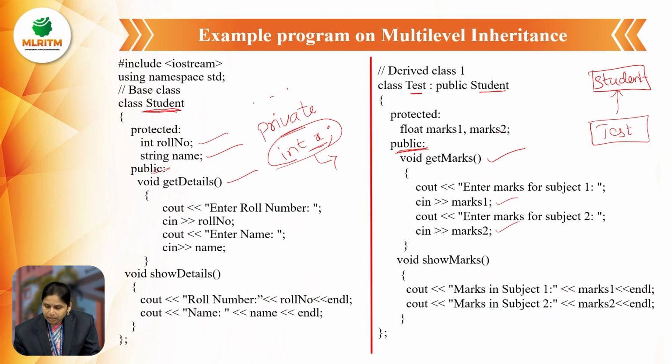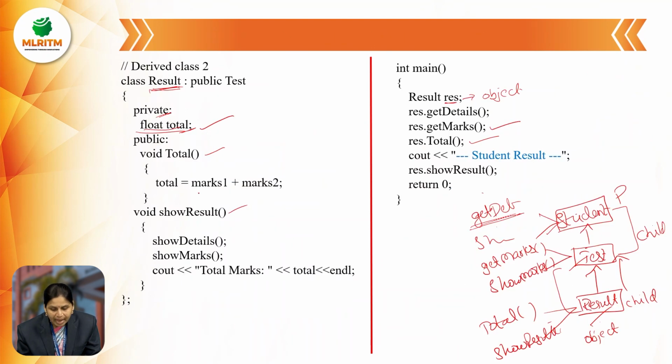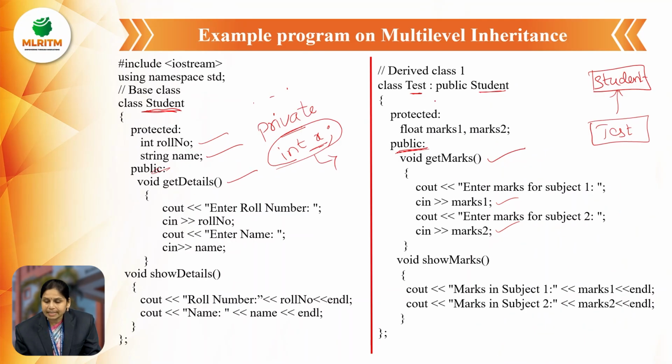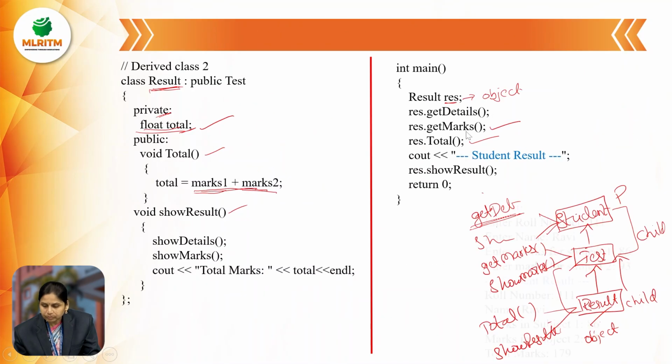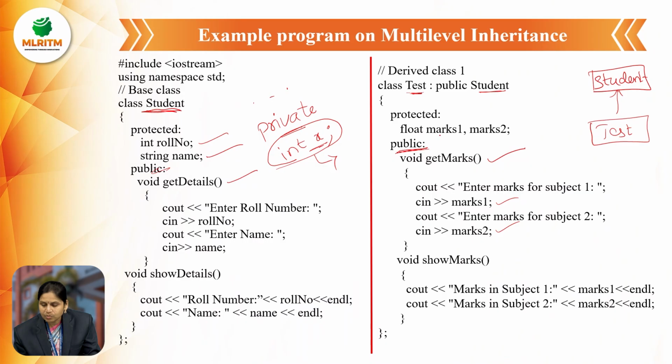Next, we are calling total. By using these marks, we can calculate the total here. How can we access marks1 and marks2? These two are not declared in this class, but we can access these two values from the test class. We read these two values from the keyboard by using the get marks method.